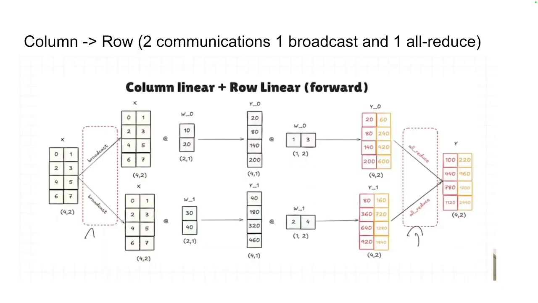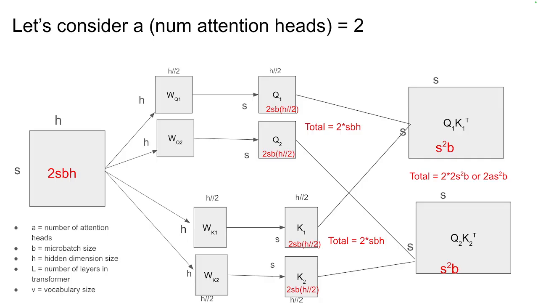Now we also need tensor parallelism for the attention. So this is the figure that we had earlier, where you take the input matrix, do a projection for different heads and for queries and keys, and then for each head, you do a matrix multiplication to get the attention, then you take the softmax, and then you multiply with the value vector.